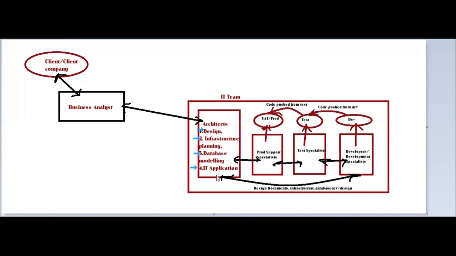When the architect team decides yes, it can be completed and they are very confident, they update the client company, and a small prototype of how it works, the so-called POC, or proof of concept, of the software application, like a sample module, is presented to the client to show or prove the capacity of the IT team to deliver, not just on time, but to deliver what they need.